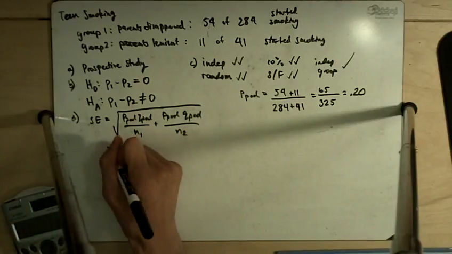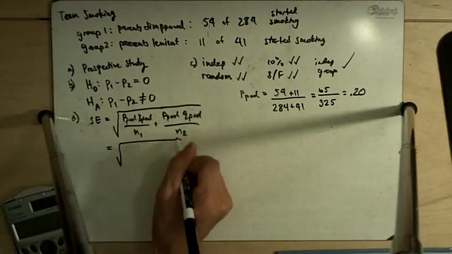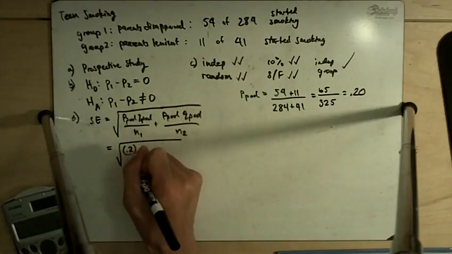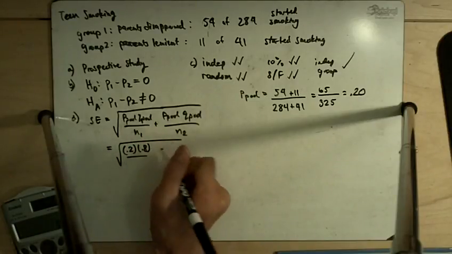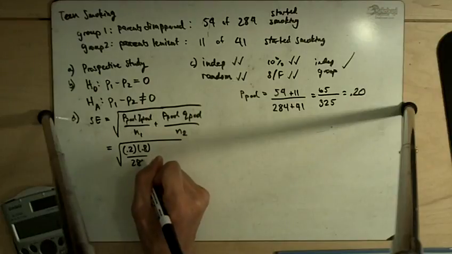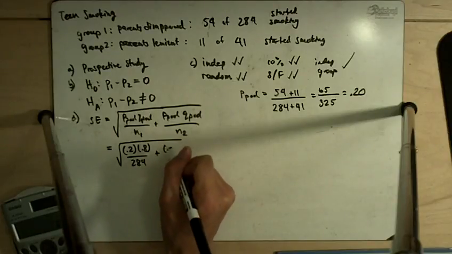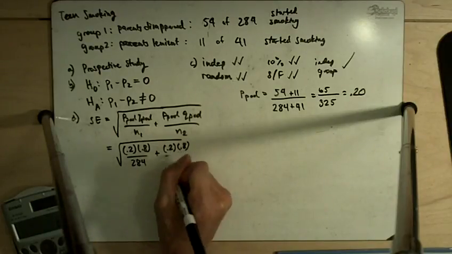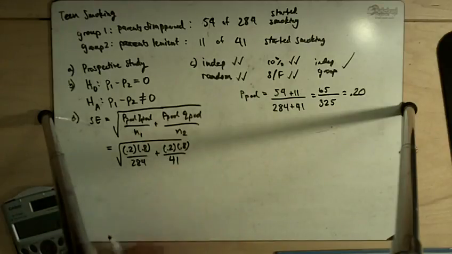So our standard error is the square root of 0.2 times 0.8 divided by 284 plus 0.2 times 0.8 divided by 41.